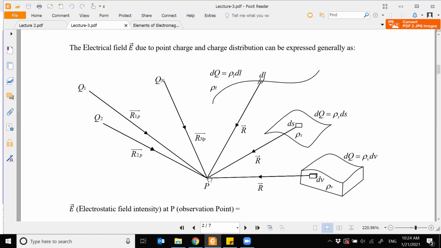If you want to find the electric field here due to all these point charges and charge distributions, and they are all static, not moving, then again at the point P, you can easily find it using the superposition principle. So you individually find the electric fields for all of them.